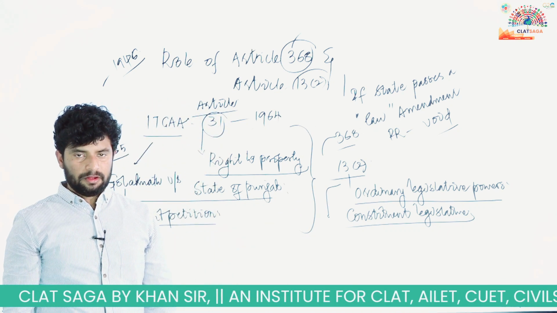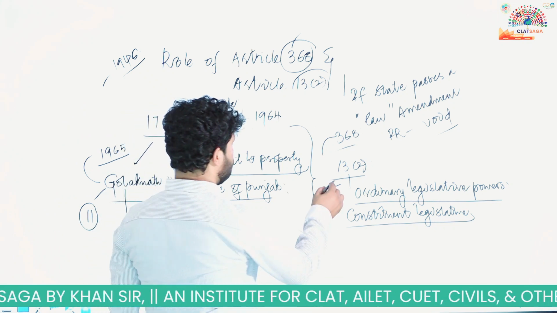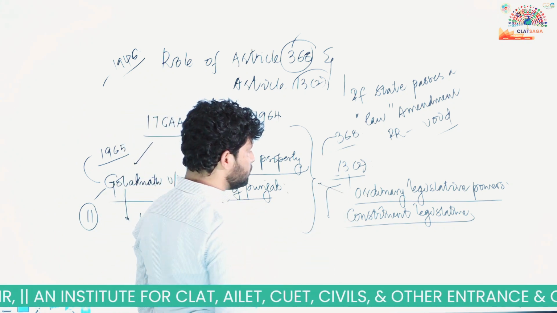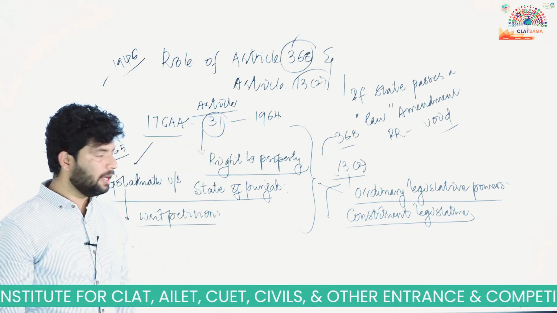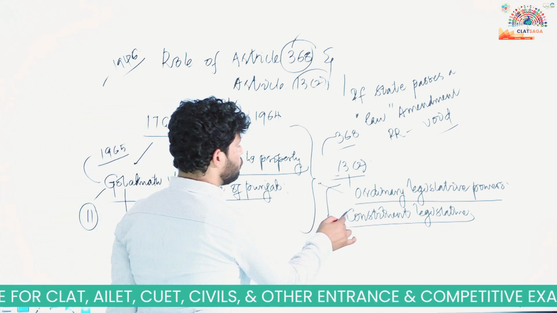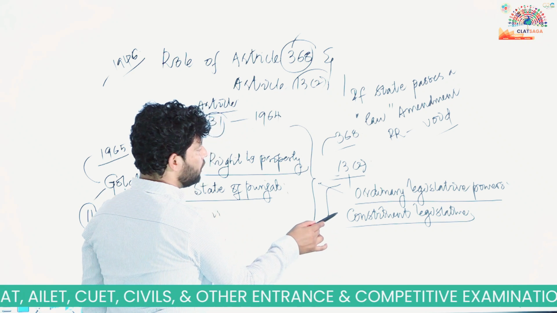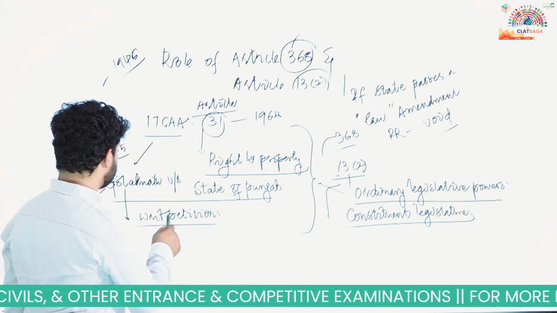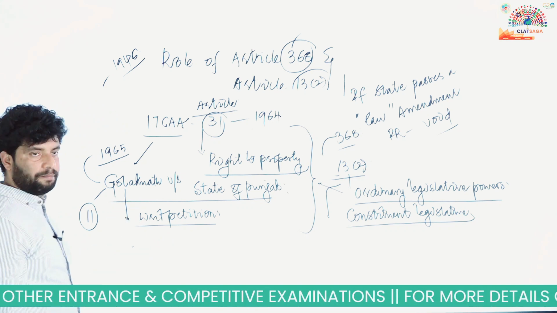So what I wanted to tell you is that Parliament can only exercise its ordinary legislative powers, whereas constituent powers cannot be exercised by the Parliament of India. This was the judgment given in Golaknath versus State of Punjab.